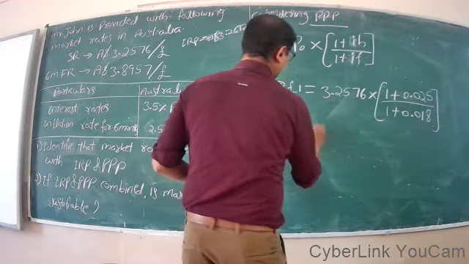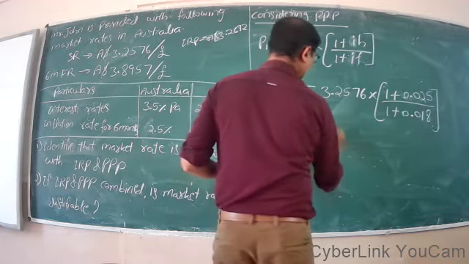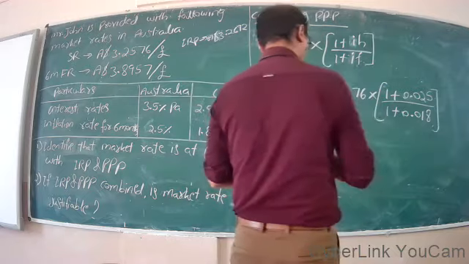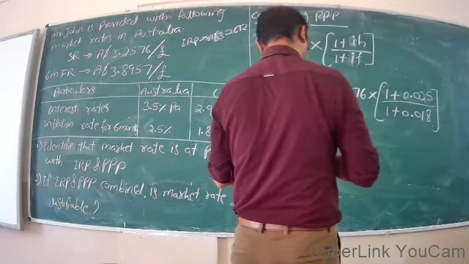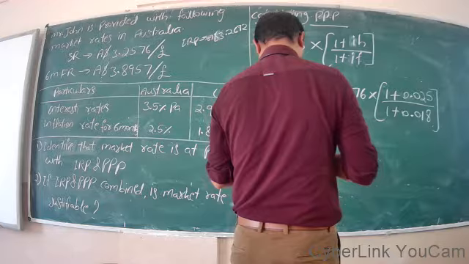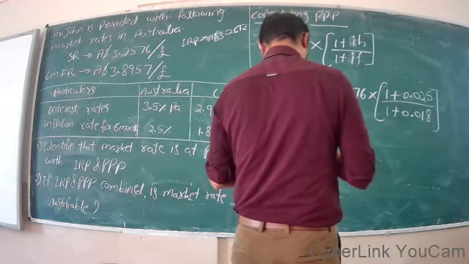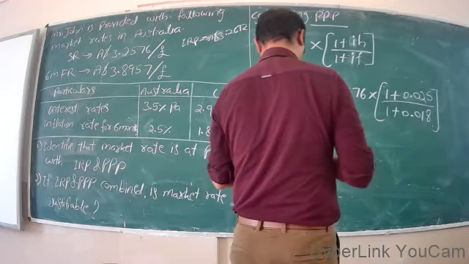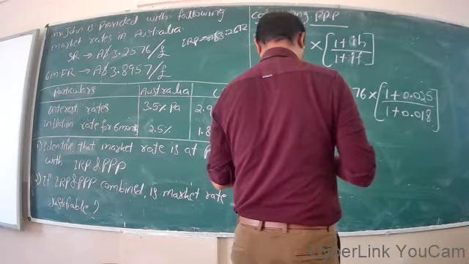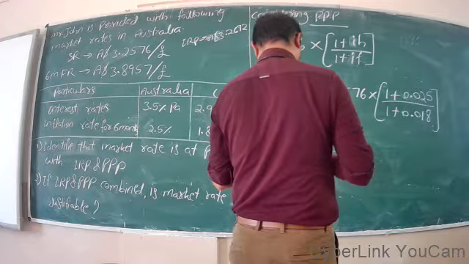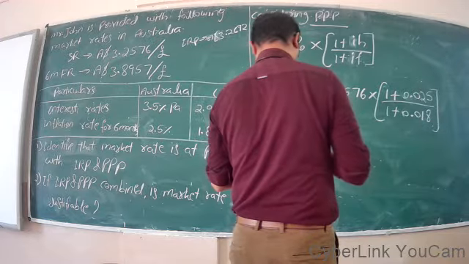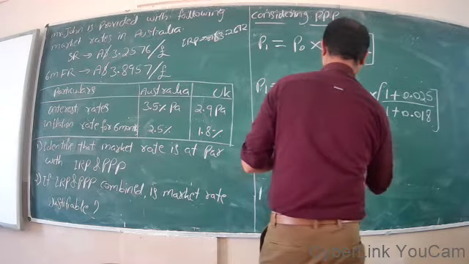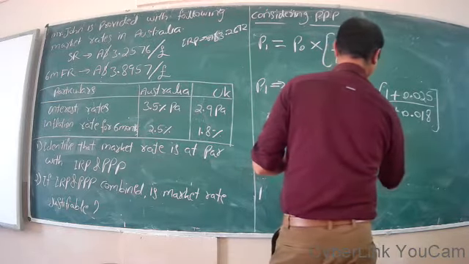P1, for 1 sterling pound, is equal to Australian dollar 3.279.